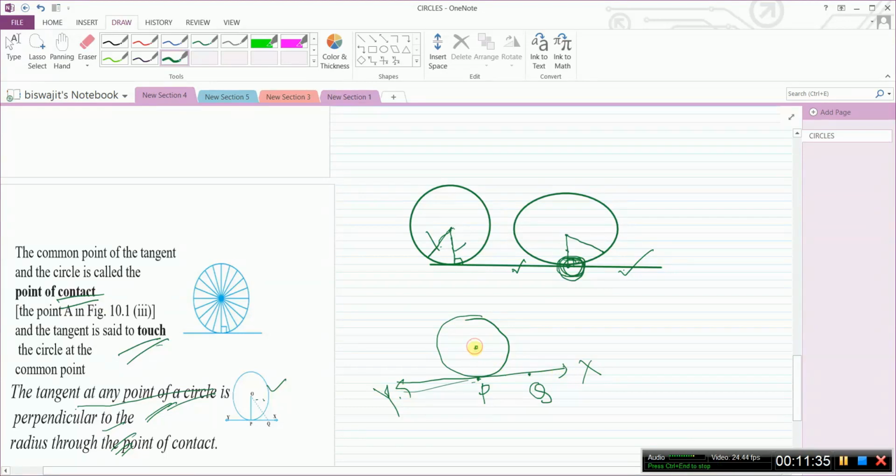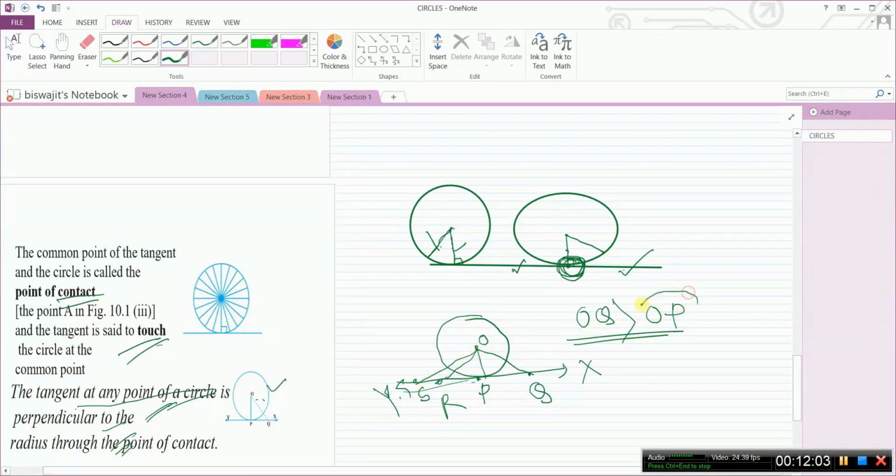From the point O, the center of the circle, consider the distance OP and distance OQ. OQ is greater than OP. Similarly, there will be many points R, then S. These points are always at a distance greater than the radius.